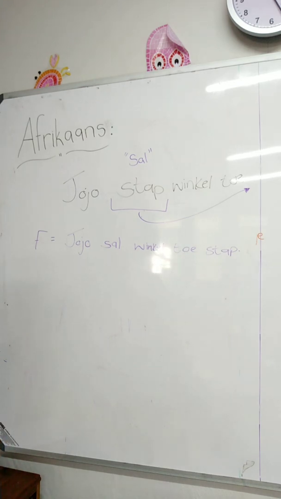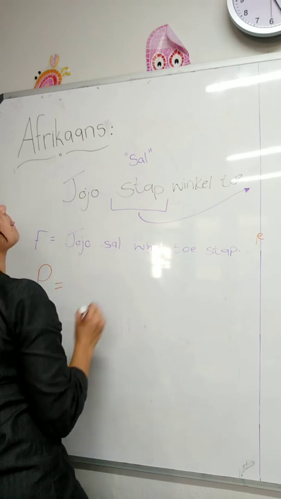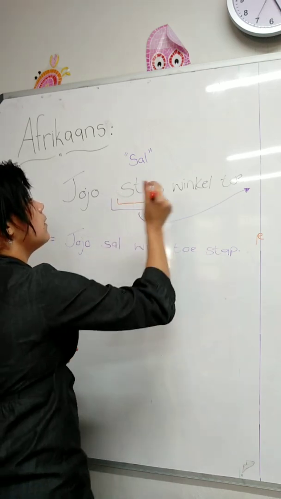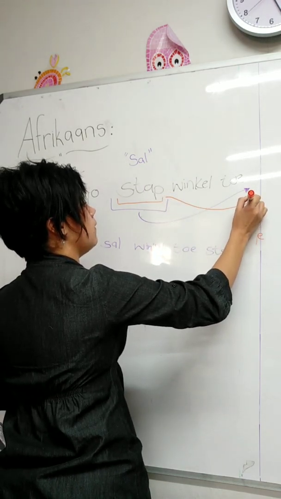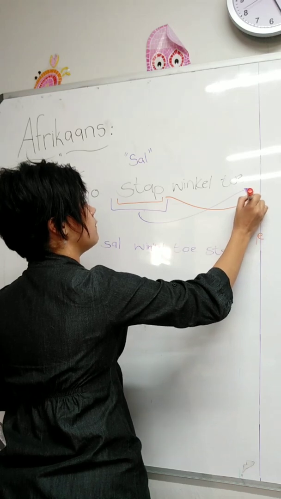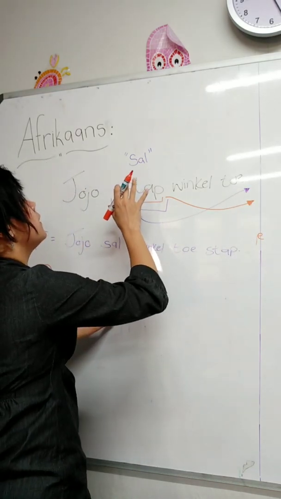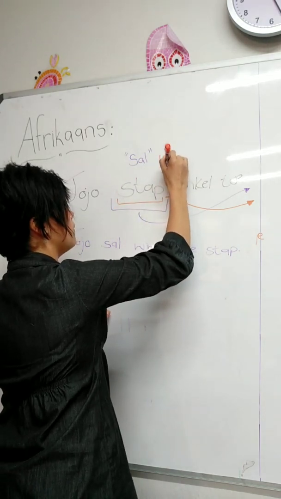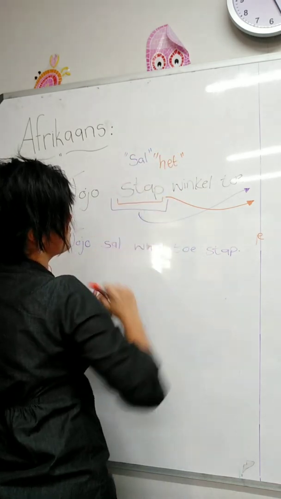Future tense. Now, past tense. Once again, you look at the verb. You take the verb to the back of the sentence. Okay? You vat die werkwoord na die agterkant van die sin. Then you're going to replace it with the word het. This is for past tense. Het. Future tense is sal. Past tense is het.